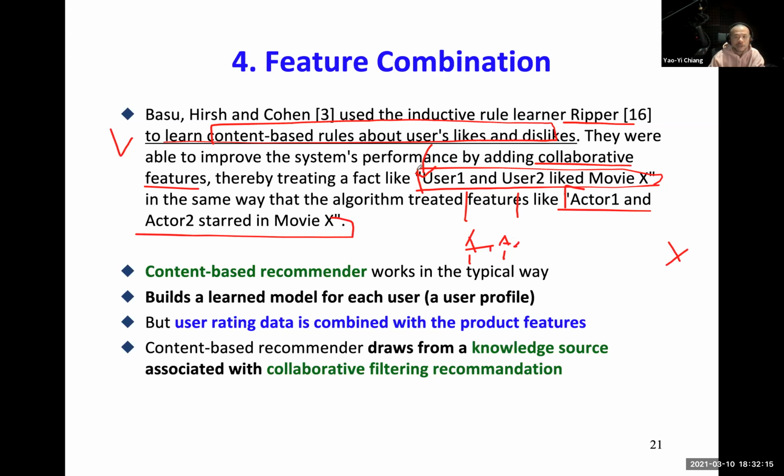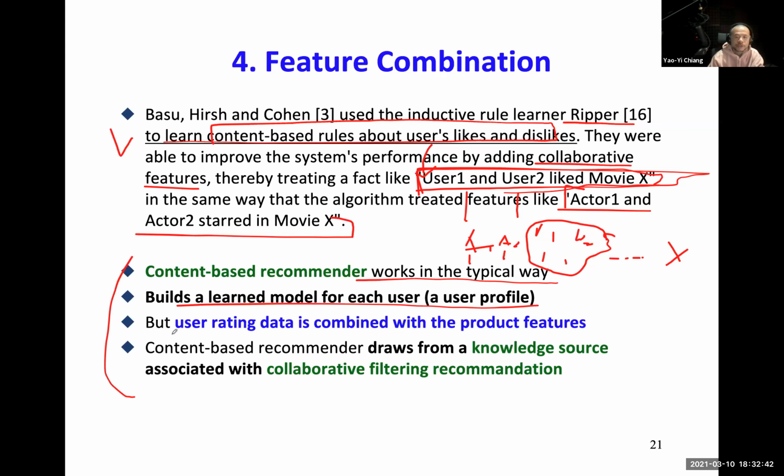But you can also use some rules like this. You say, okay, user 1 likes it, user 2 likes it, and so on, right? This is not from the original content of the item, but it can be a part of your item profile or user profile. So then your content-based recommendation system works in the typical way and builds a learned model for each user.